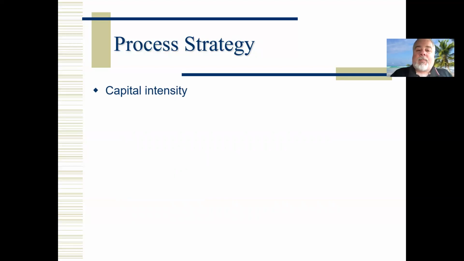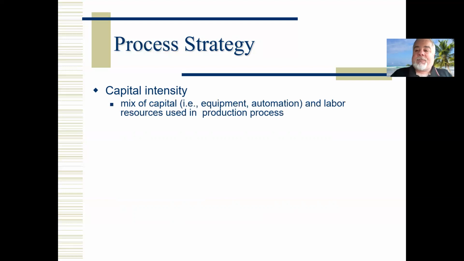So when we're looking at process strategy, there's a mix of capital or equipment, automation, money that you have to invest. How much money am I going to throw at making this efficient for high volume, high automation? It can go with fewer employees. That costs money.